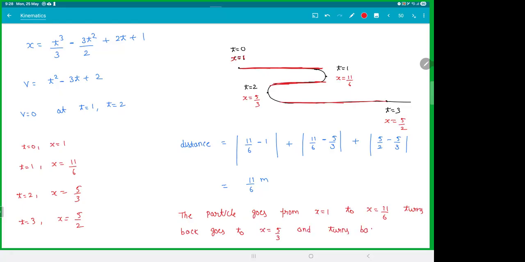So you need to find the velocity, see how many times it is turning back, and yeah, you're done. Are you clear with this? So be careful. Just don't take 3 and 0 and subtract them. That will give you displacement. That won't give you distance.